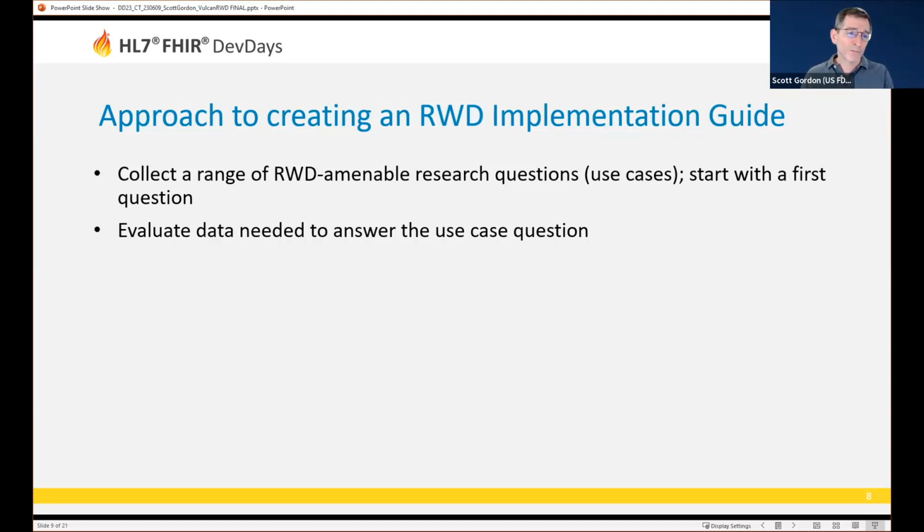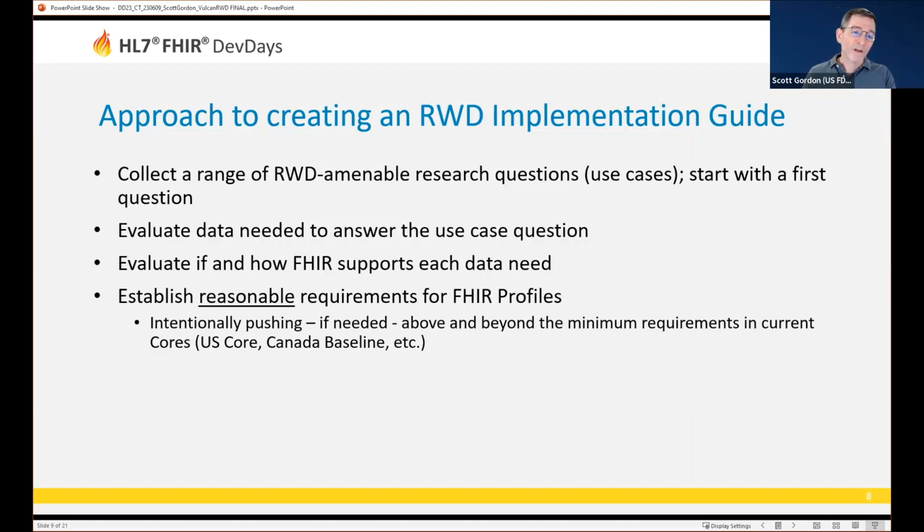So the cycle would include basically what data would we need to answer the particular question for this research use case, evaluate if and how FHIR supports each of those data needs, and in the IG establish what we consider reasonable requirements for FHIR profiles, reasonable in the sense that nothing that exists in this implementation guide is radically new. It's core healthcare concepts.